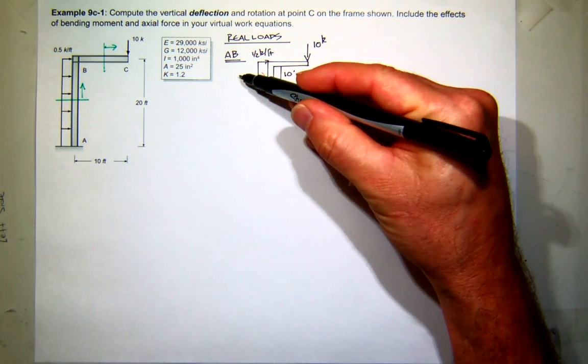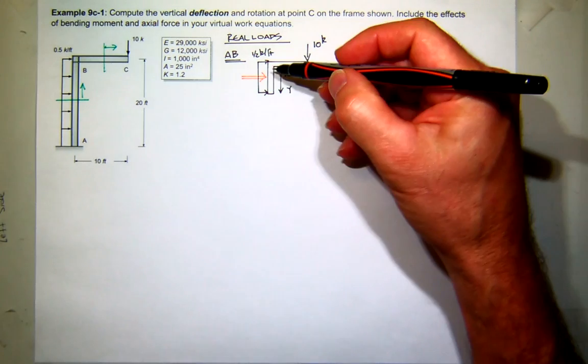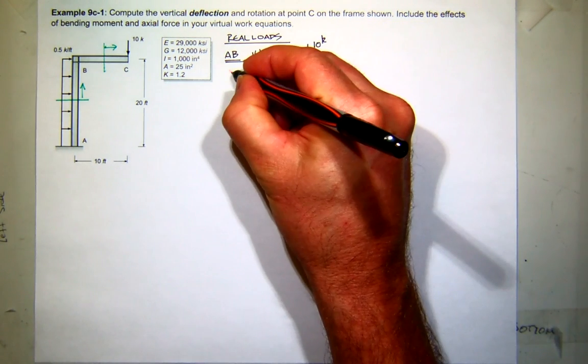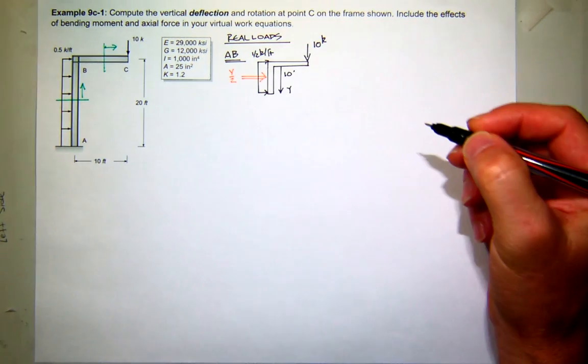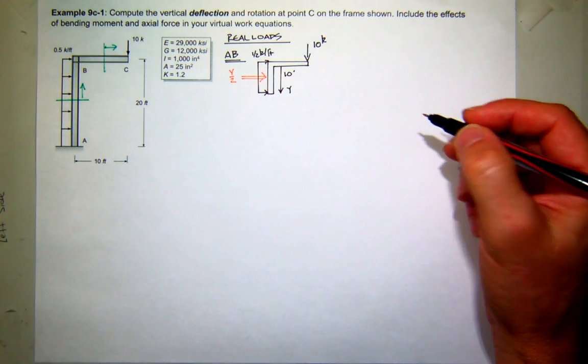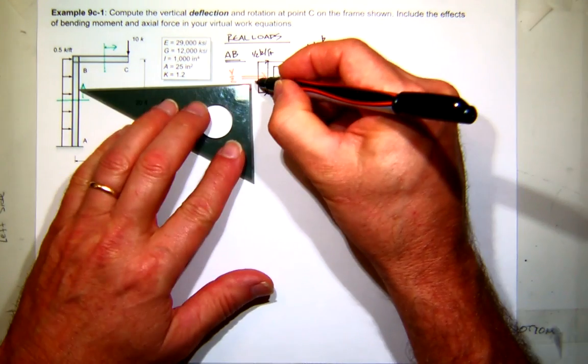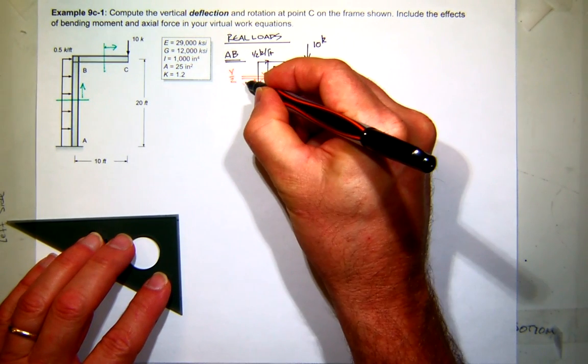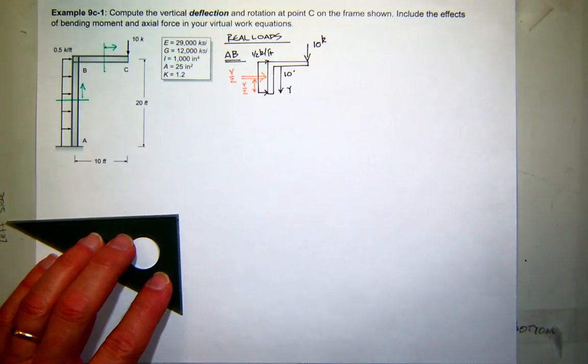So this force will be what? The base is y, the height is 1/2, so this is going to be y over 2. See that? And the distance from the cut in this direction, interestingly enough, is also y over 2.